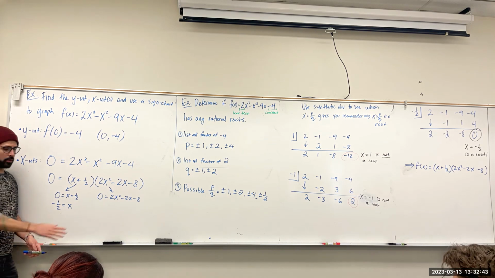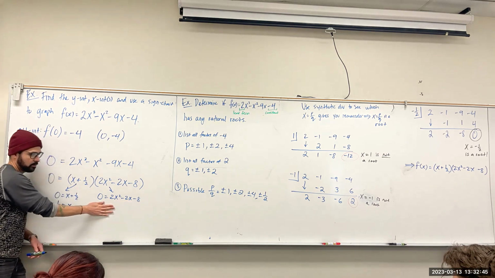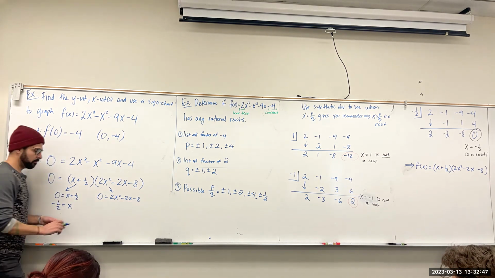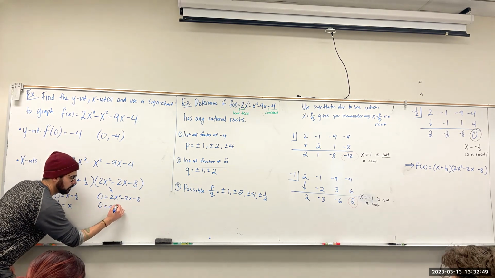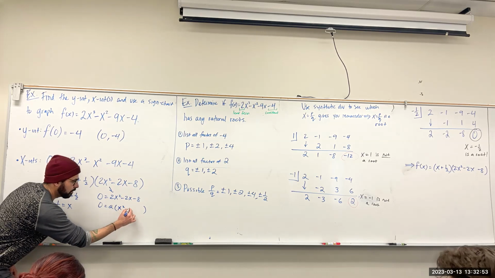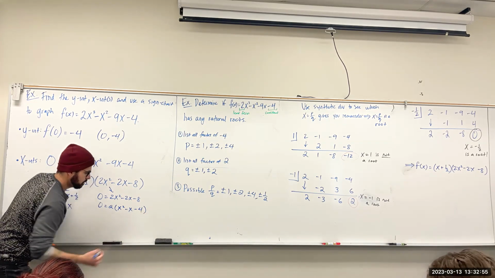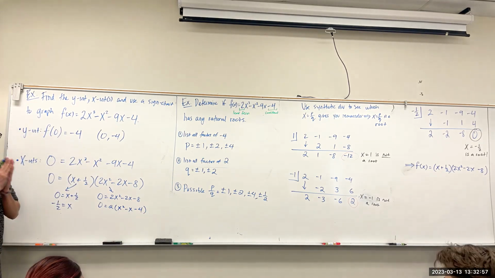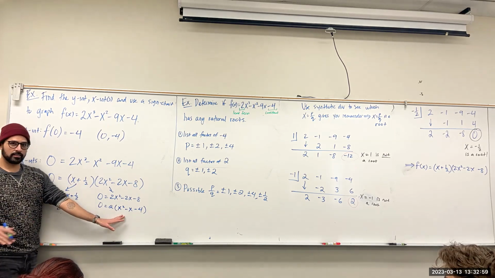Any suggestions on what we can do here to get started? You could take a 2 out. Yep, you could definitely take a 2 out. And that leaves you with x squared minus x minus 4. Okay, and then I ask, can this factor?